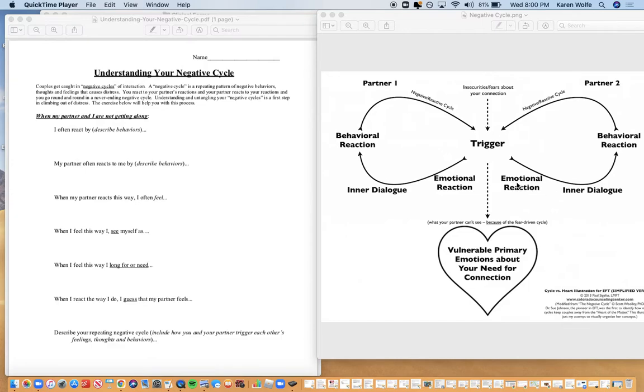Actually, I'm going to go ahead and connect this to this sheet over here. So the emotional reaction would be down here. When my partner reacts this way, okay, so my partner reacts to me by described behaviors. What is it you actually see and hear? This is like scientific, right?